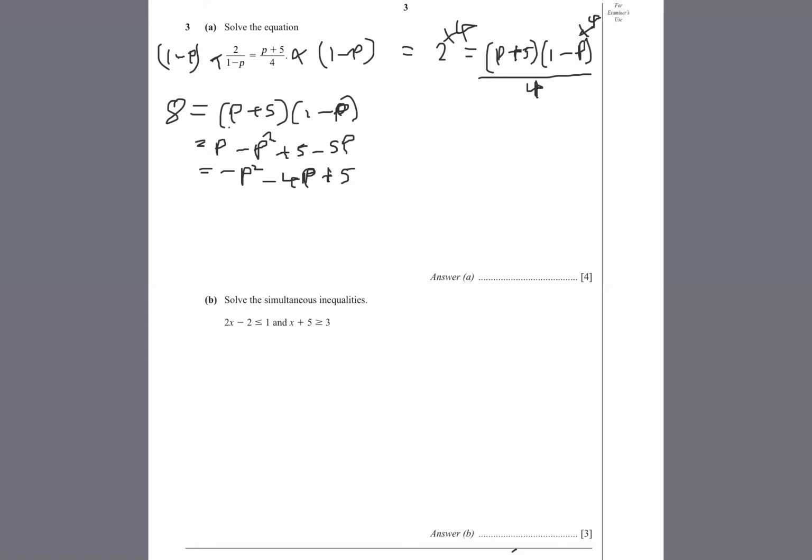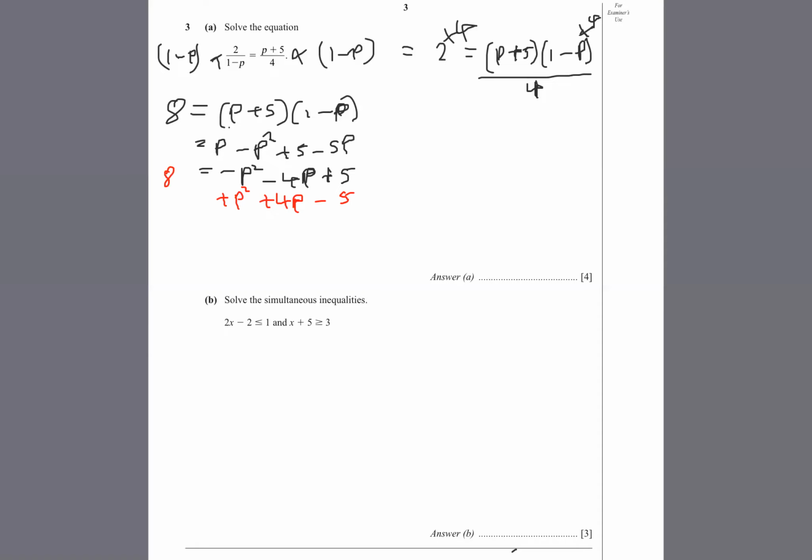Now I want to take everything to one side of the equal sign. To remove this negative, we can say plus p squared plus 4p minus 5. Everything goes to that side. We still have 8.